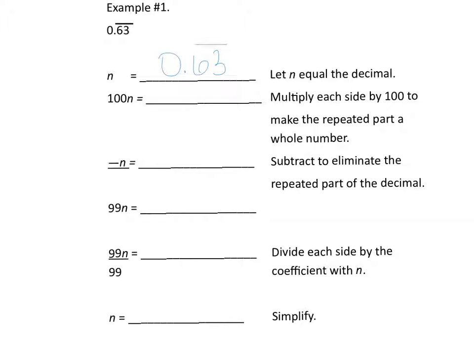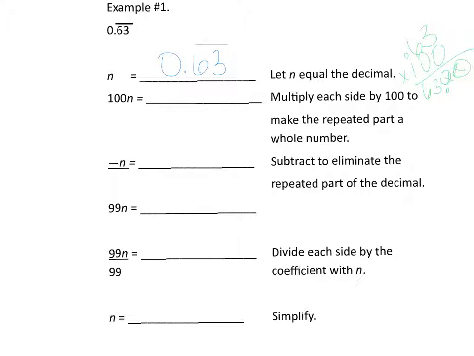Just as a quick reason why this works, it ends up moving the decimal two times. If we take 0.63 and multiply by 100, we have 2 placeholder zeros, two numbers after the decimal point. Notice we get 63.